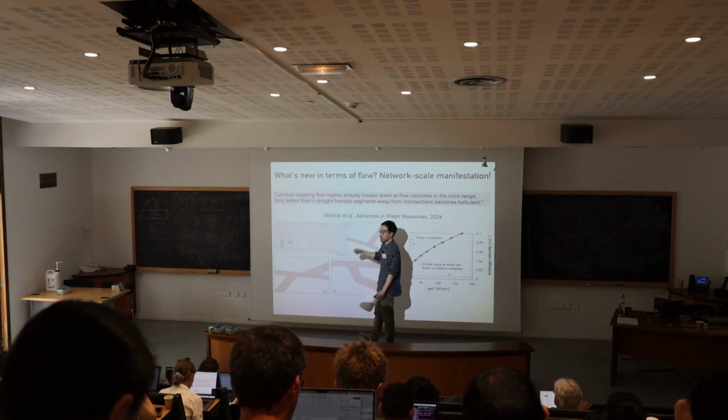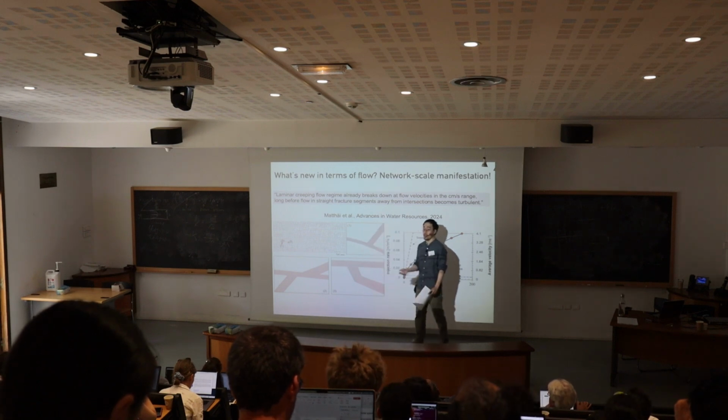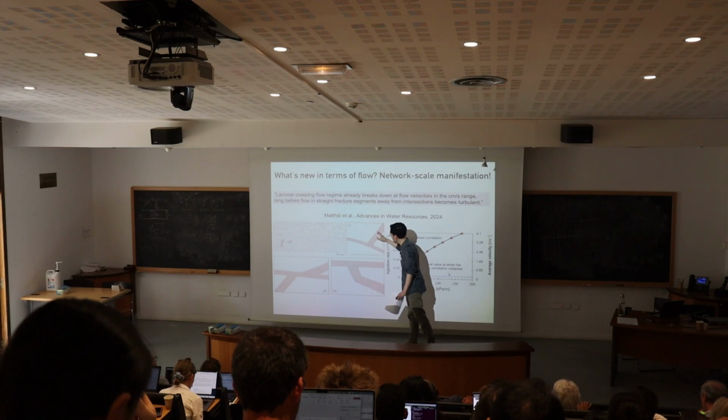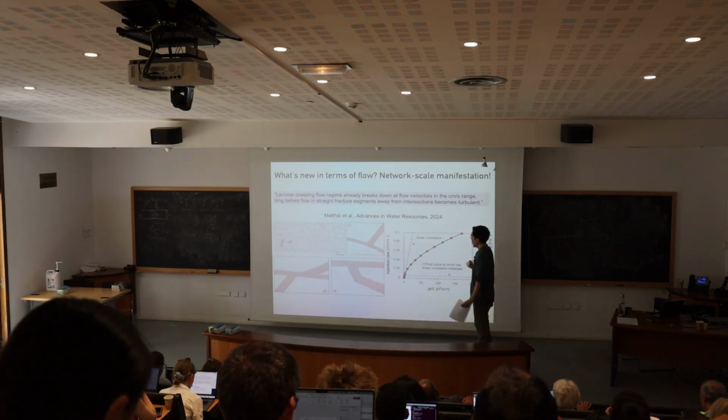And they discretized individual fractures down to pore scale. They didn't do DNS, but they used, I believe, a turbulence model with Reynolds-averaged equations, but still they did solve for the turbulence with the full Navier-Stokes equation.